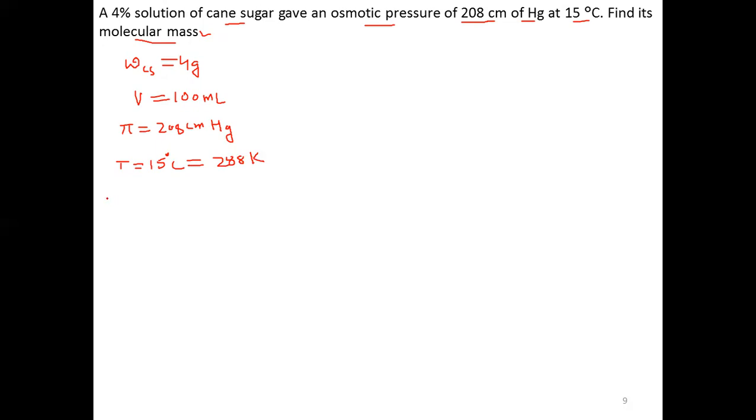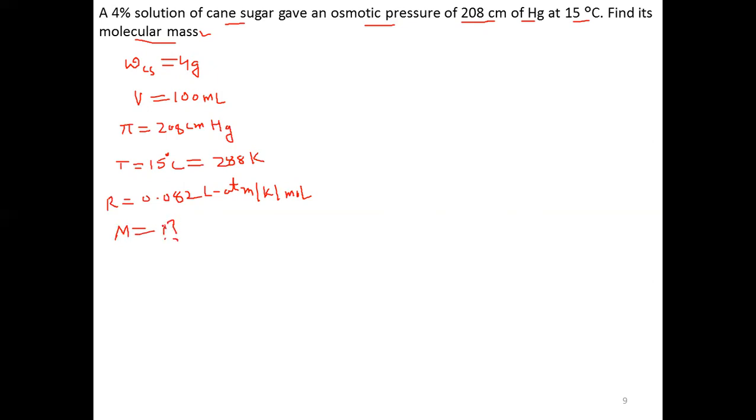Now R we have 0.082 liter atmosphere per Kelvin per mole. Now we have to calculate M, that is the question mark.